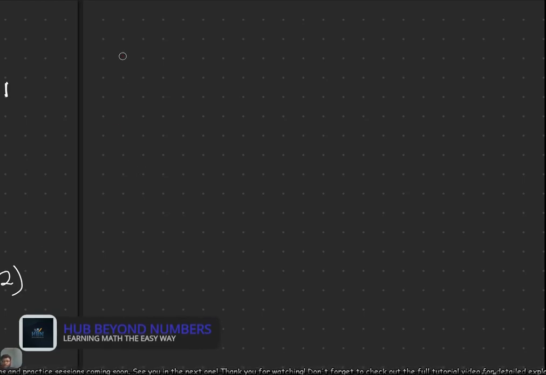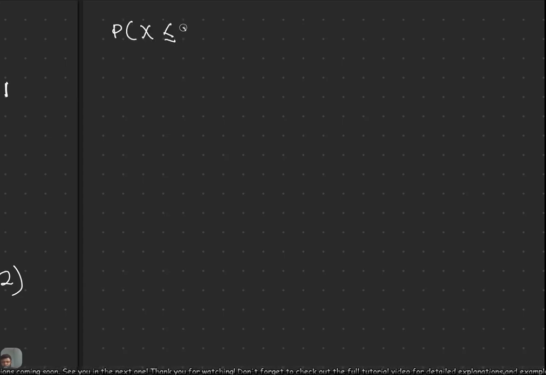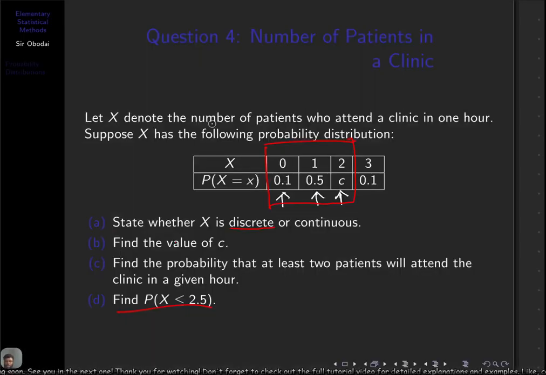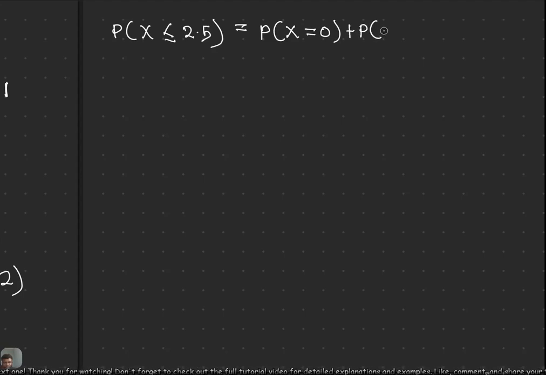Okay, so we want the probability that our random variable X is less than or equal to 2.5. So this simply means we need the probability that X is equal to 0, plus the probability that X is equal to 1, plus the probability that X is equal to 2.